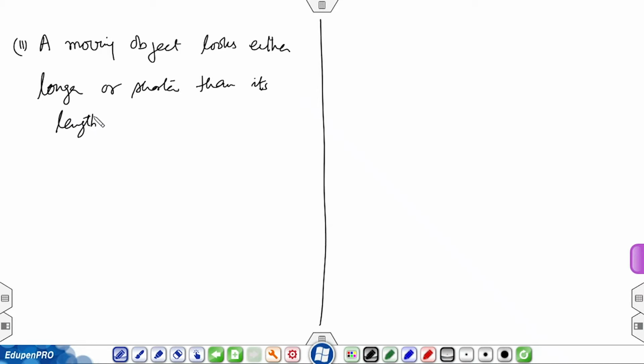And why does that happen? Let us see. Suppose I have a rod and I am looking at it on one side and it is moving towards me.